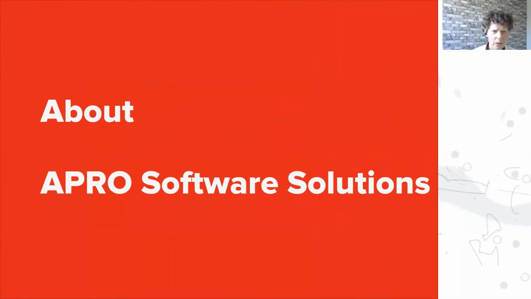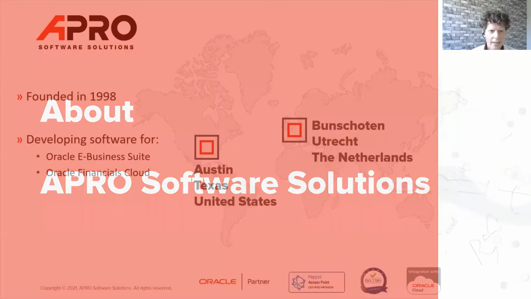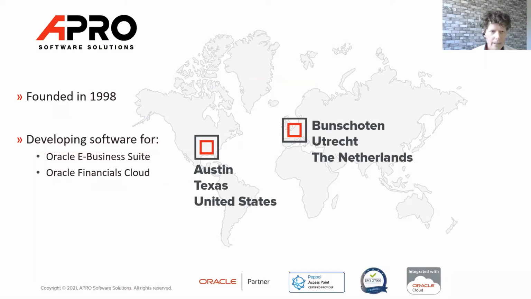I would like to tell you something about APRO Software Solutions as well. We are a company founded in 1998, so we have been on the market a long time. Basically, we are an independent software vendor, meaning that we develop and commercialize applications that work specifically on Oracle E-Business Suite and Oracle Financials Cloud. It does not connect to SAP, it does not connect to Microsoft Dynamics.